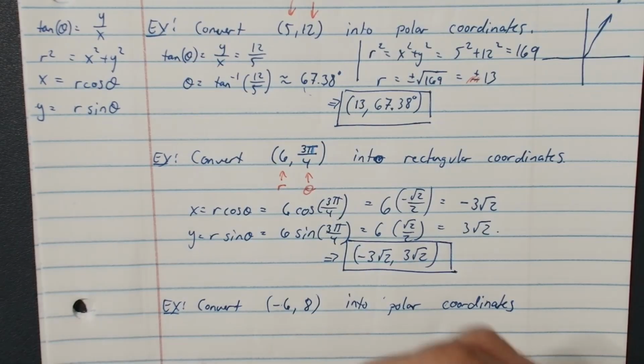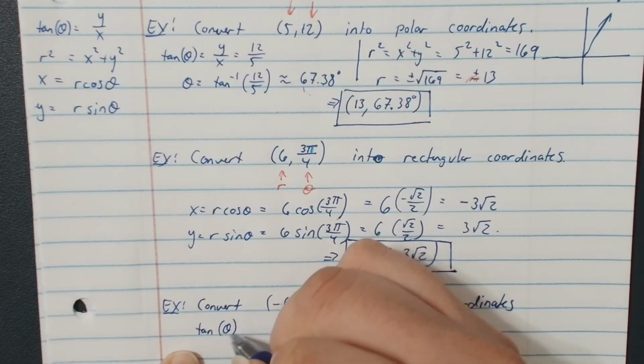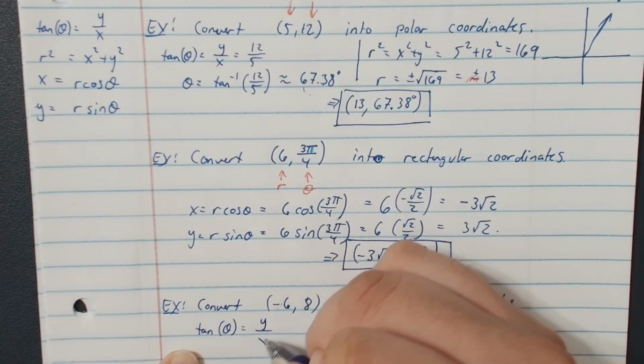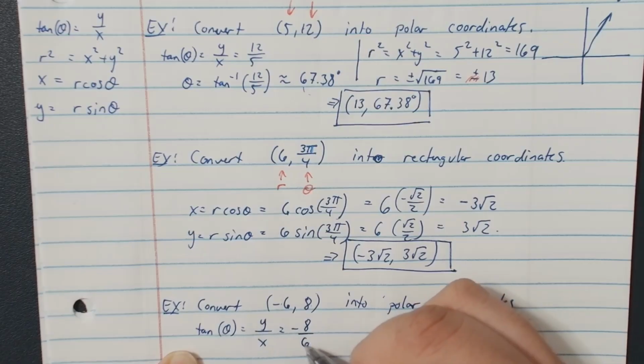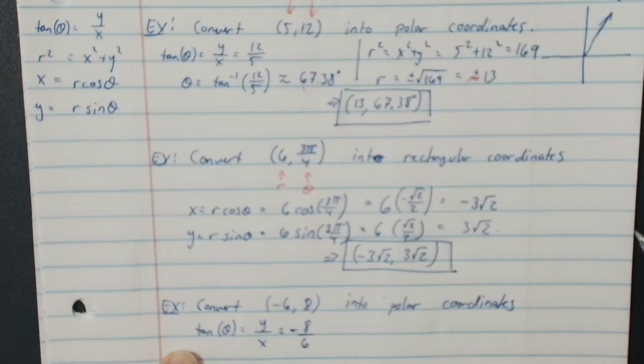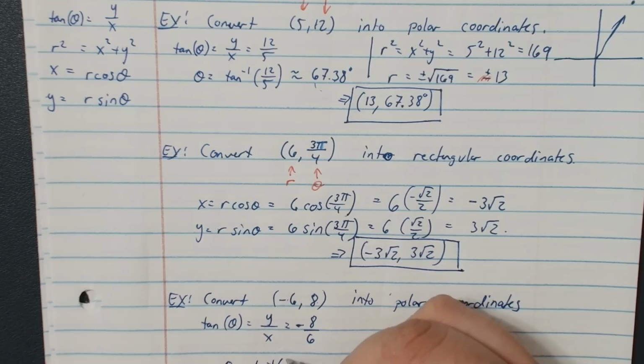Okay, so this is going to start off the same. We're going to take tangent of theta is equal to y over x, which is 8 over negative 6. Negative 8/6. Okay, so now here, you would say theta is equal to the inverse tangent of negative 8 over 6.